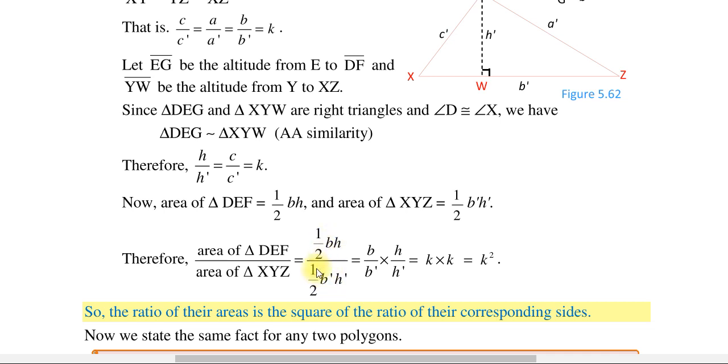That means the 1 over 2 cancels, and we get B over B prime times H over H prime.